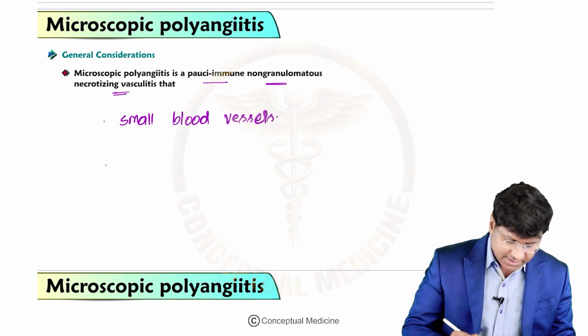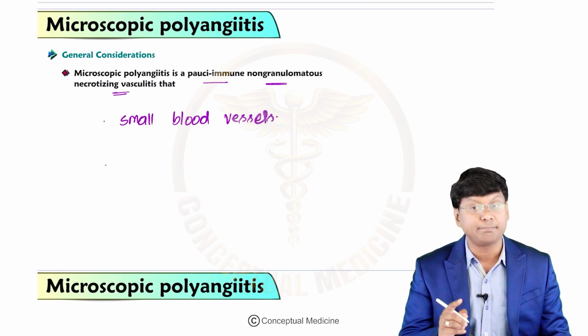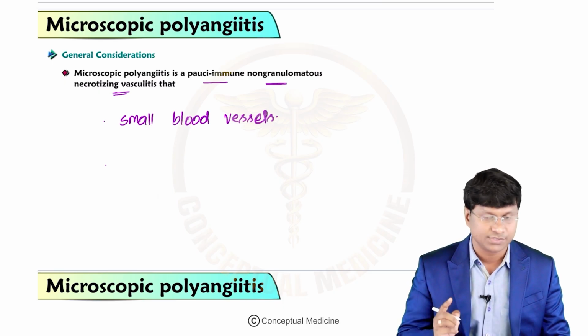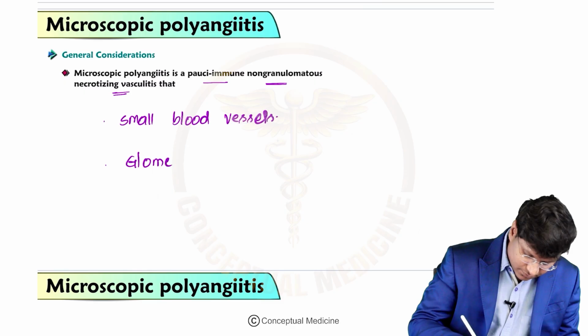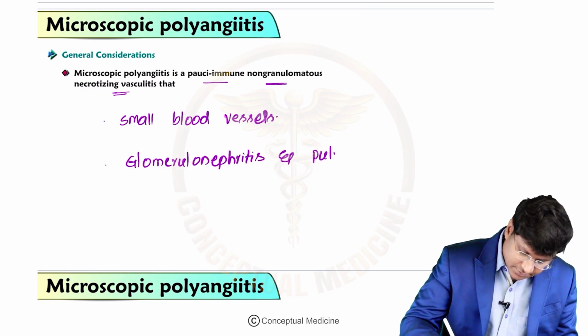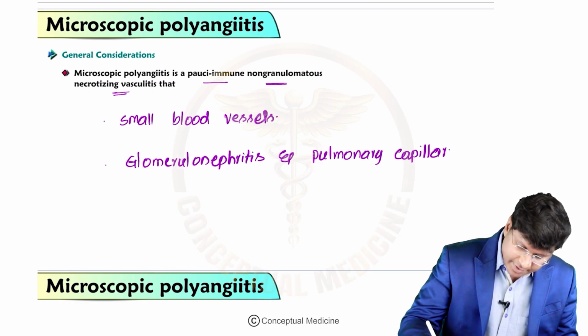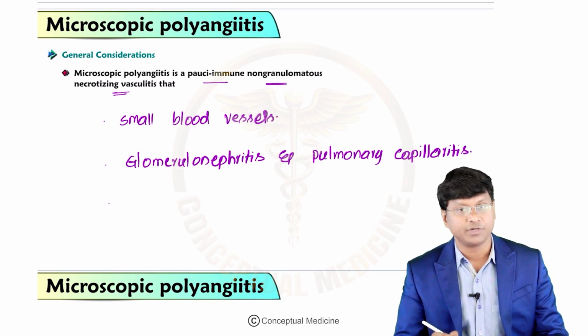Microscopic polyangiitis often causes glomerulonephritis and pulmonary capillaritis. That is what you will observe in microscopic polyangiitis.